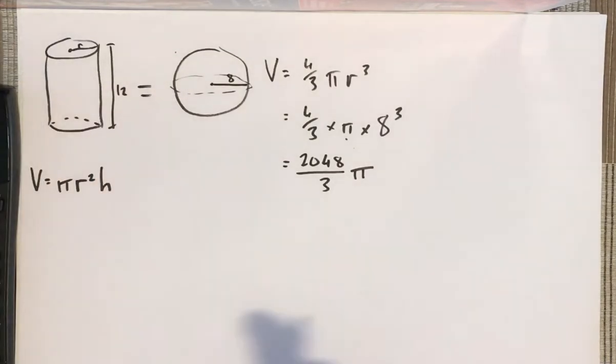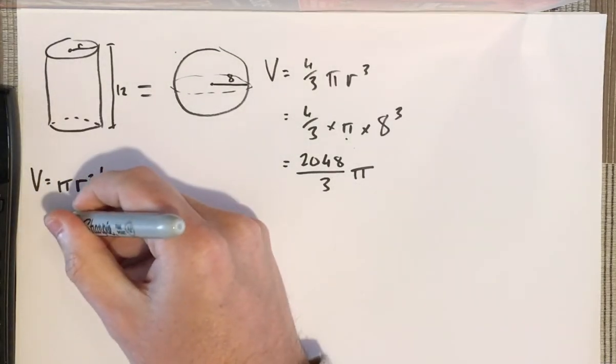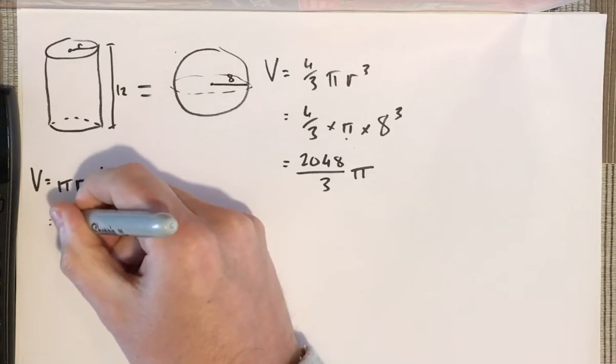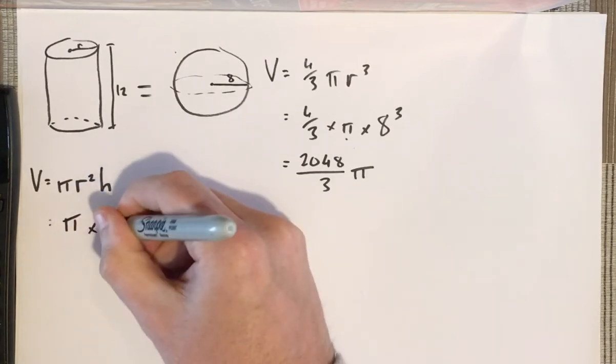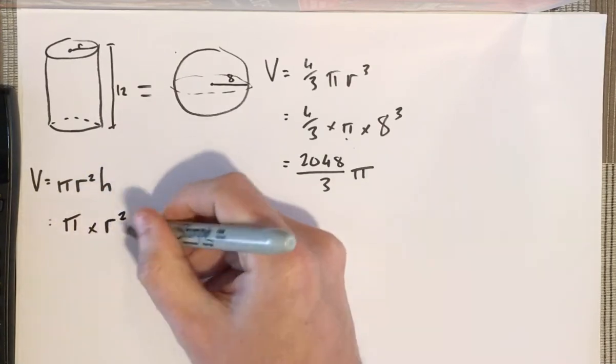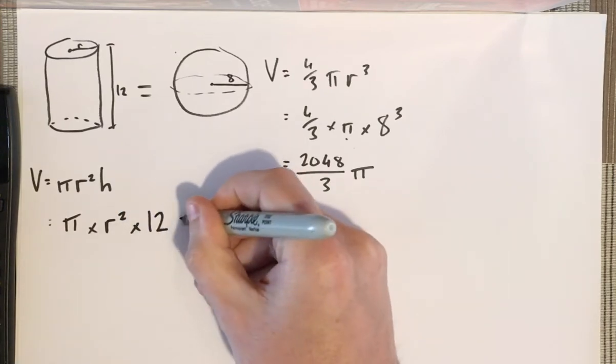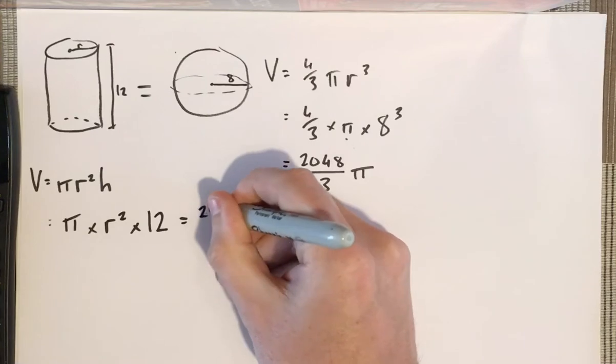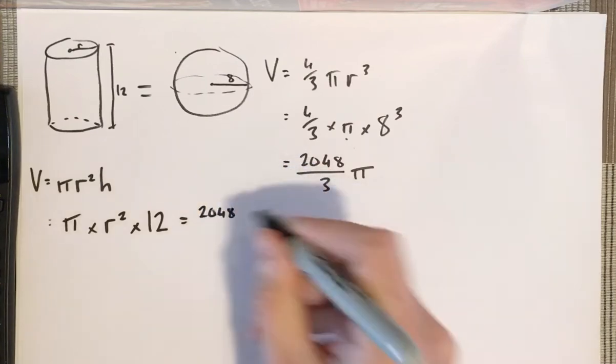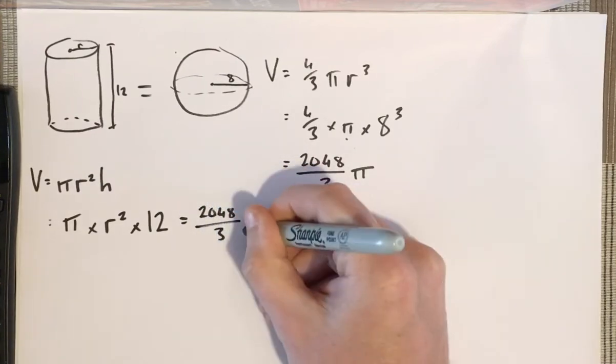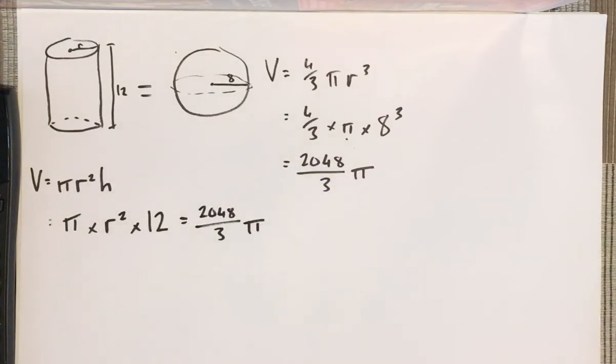All right, so the volume then of this cylinder, pi times r squared times the height, which is 12, is going to be equal to 2048/3 pi. All right, so the only unknown here is the r squared.